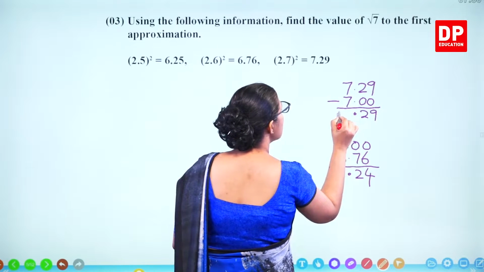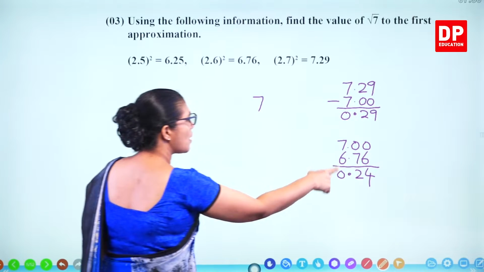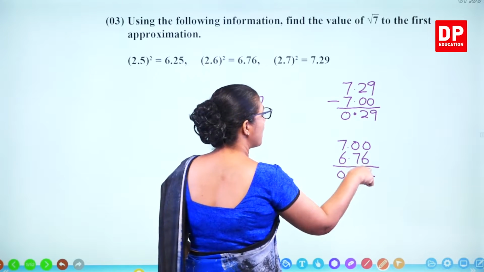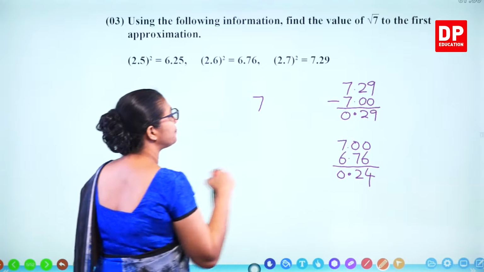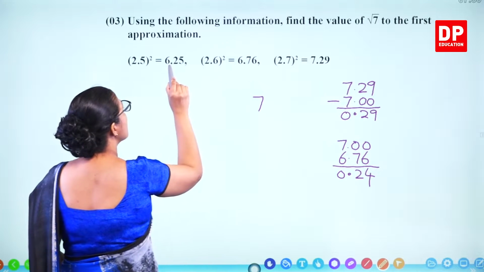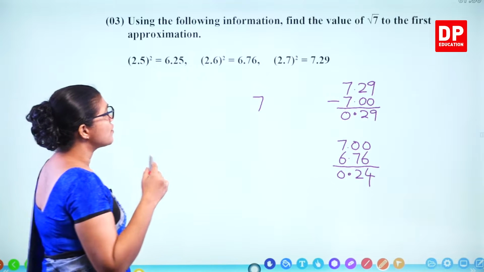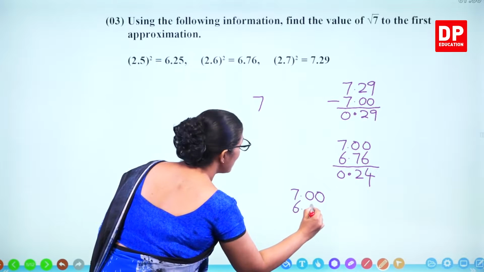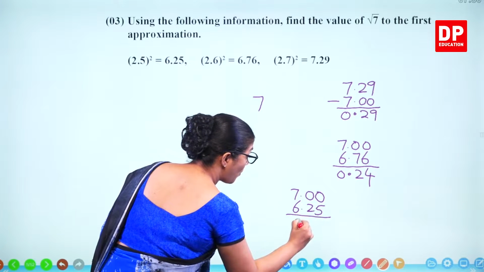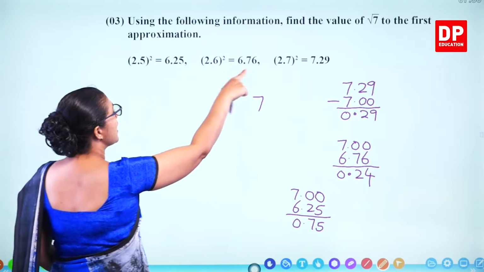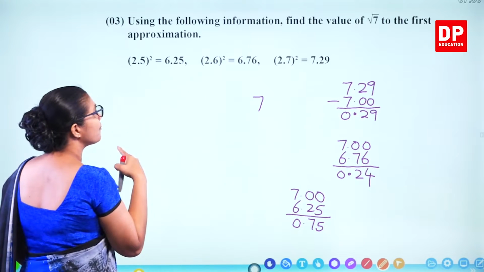So which one is closer? This one is closer by 0.05. This is closer than that, because when you subtract 6.25 from 7, you get 0.75. That's more than that. So we can take this one.